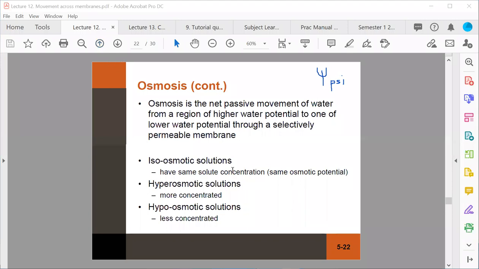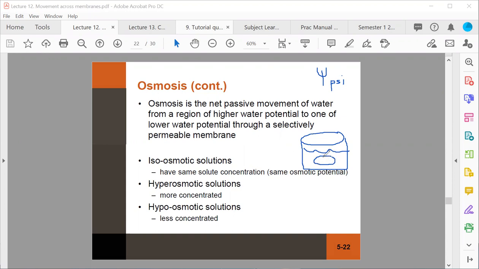All right, so let's look at now how this relates to different types of cells, whether we're talking about animal cells or plant cells. Let's imagine that you took a cell and you placed it into some water. So there's our cell in some water.